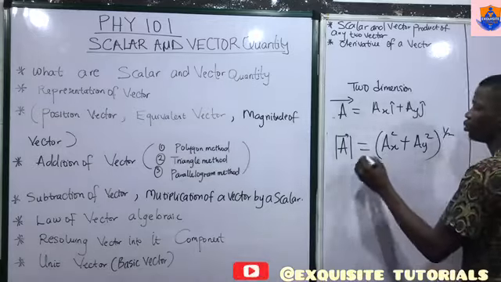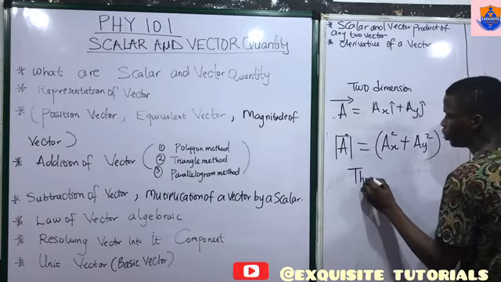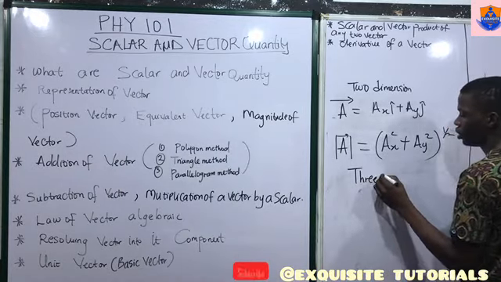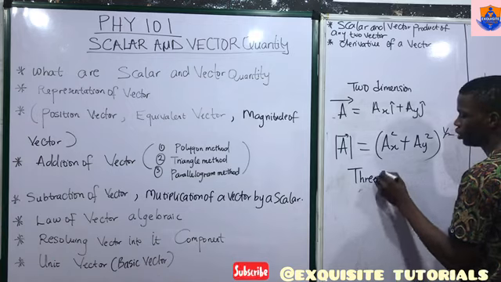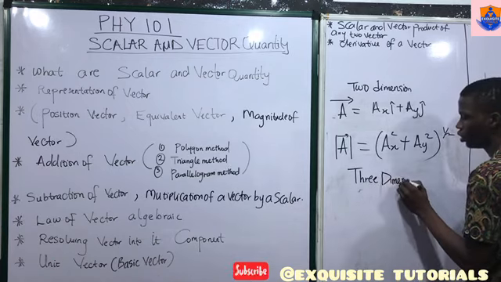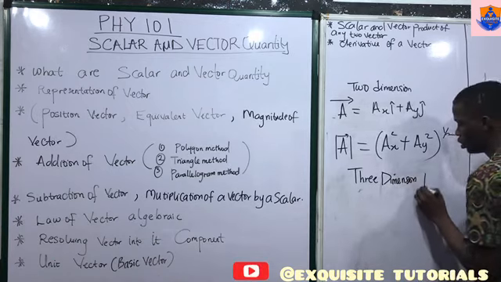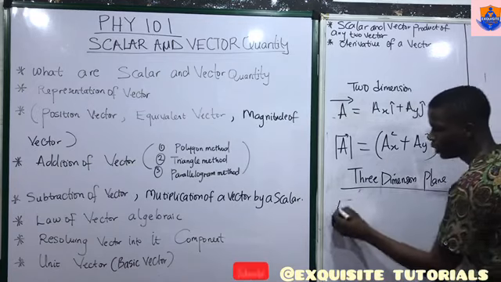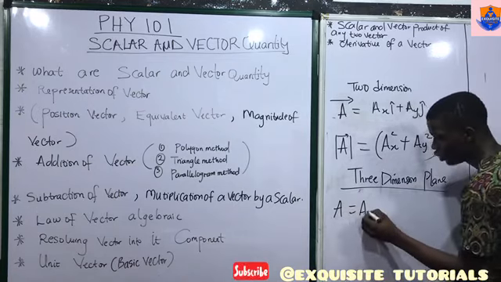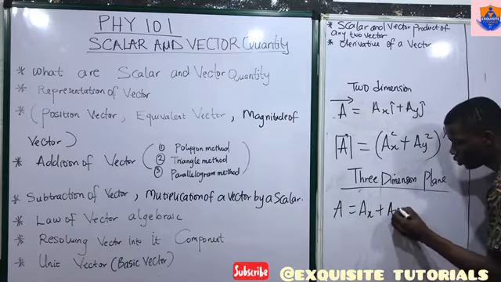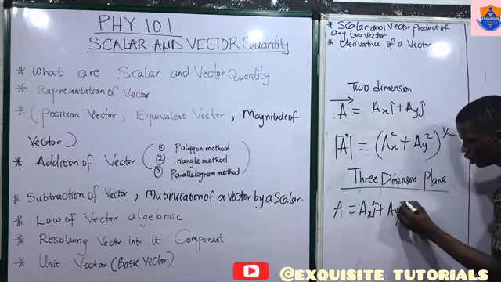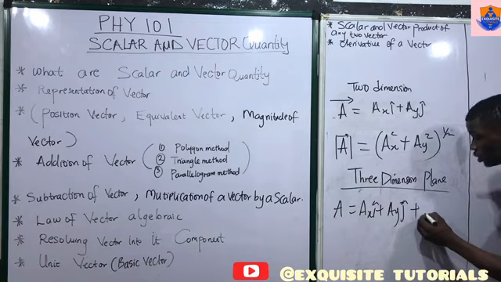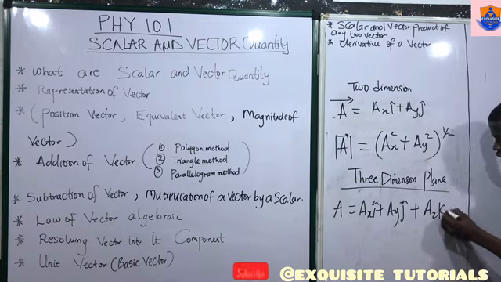Then when it has to do with a three-dimensional plane, that is a plane that has the A of x, the A of y, i, j, and the A of z and the k.